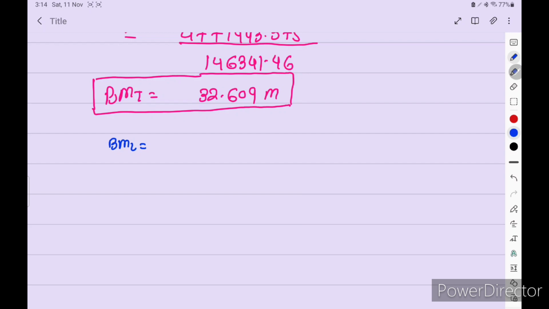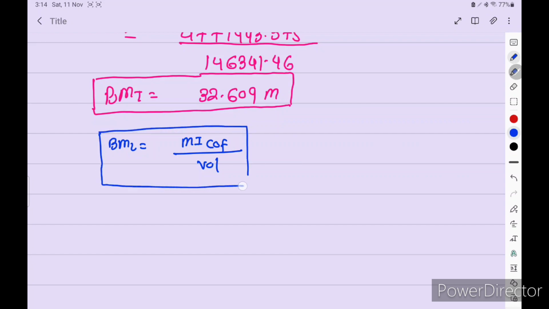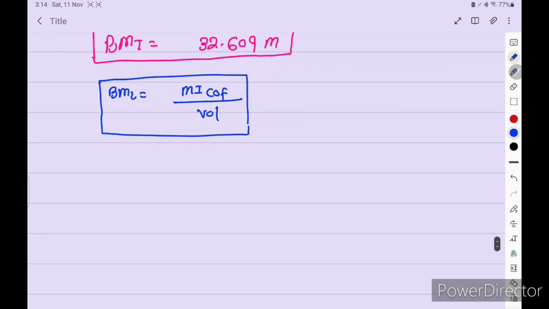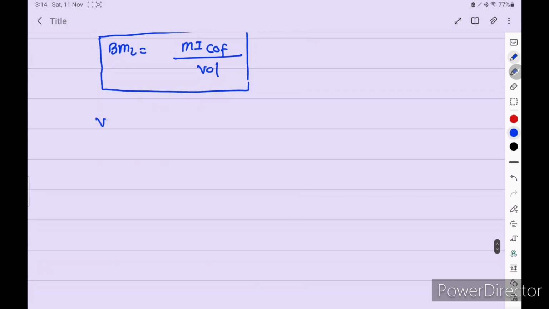Now the BM longitudinal formula is MI, moment of inertia about the center of rotation, upon volume. Now we have to calculate all this to get BM longitudinal. Volume we already calculated earlier, so volume is equal to 146,341.46 meter cube.